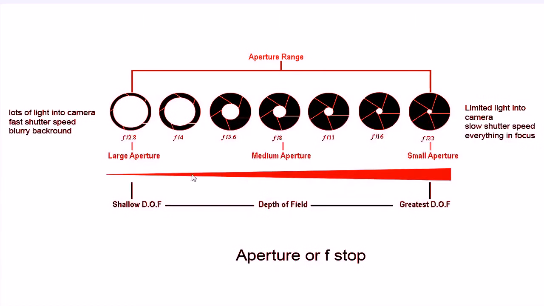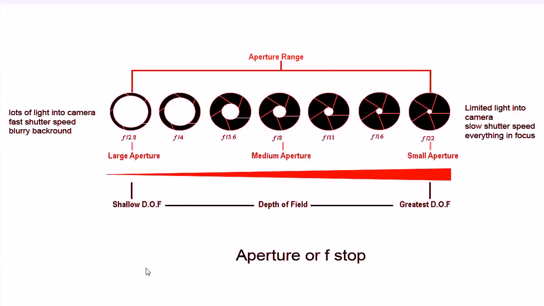In aperture or f-stop, this works inversely. The smaller the number, the larger the aperture, and the larger the number, the smaller the aperture. So, I'll tell you what the smaller number and the larger number are doing.